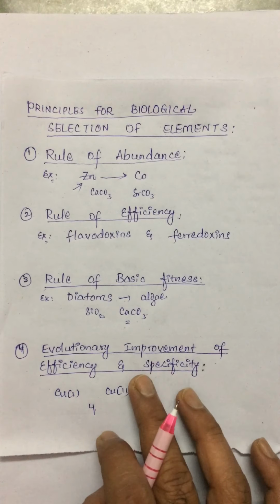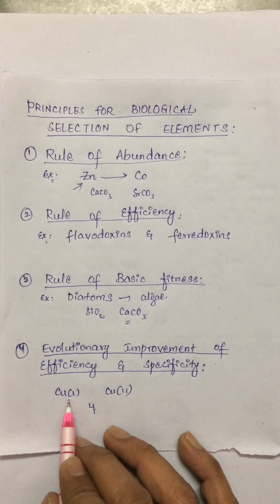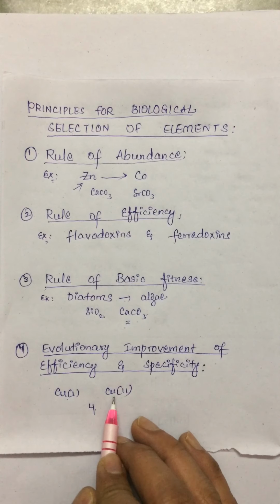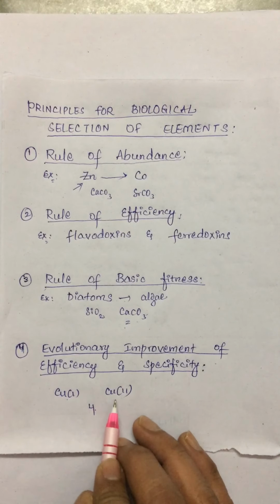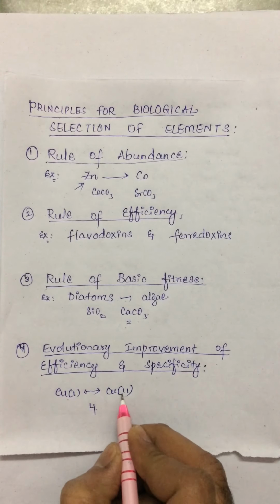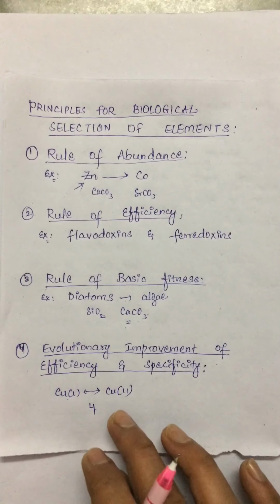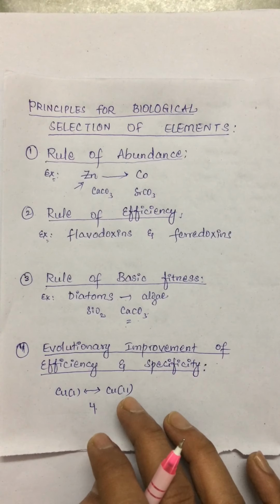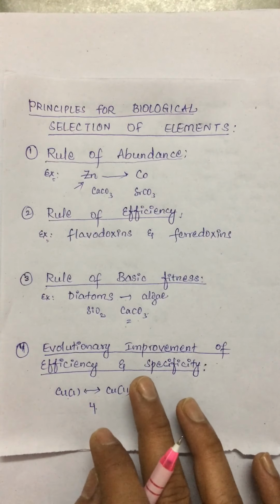So what nature has done is, in shifting from copper 1 to copper 2, tetrahedral geometry has to jump into square planar, or in the reverse process, when square planar has to jump into tetrahedral, this requires a higher energy. So the activation energy will be very high.